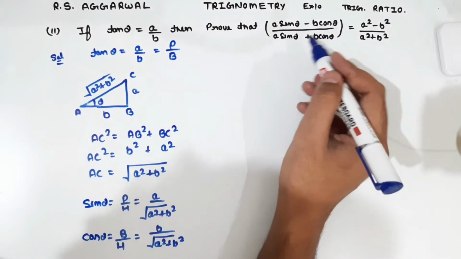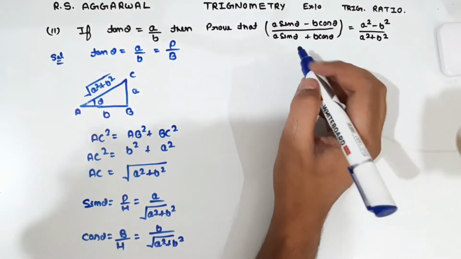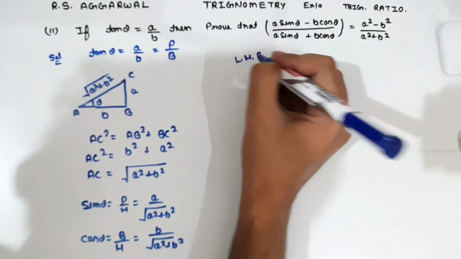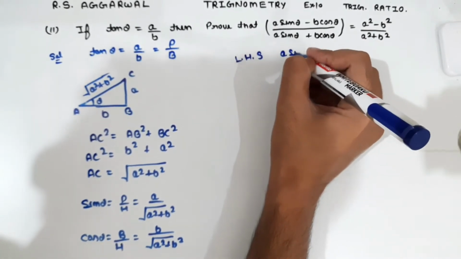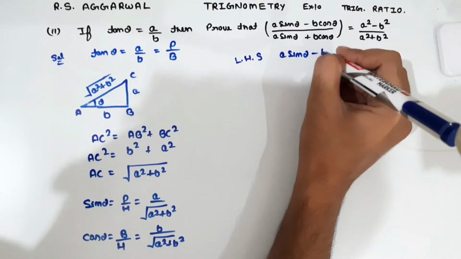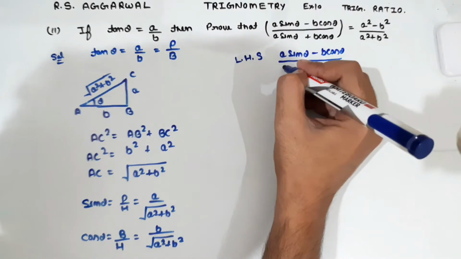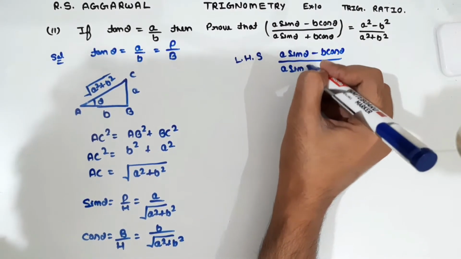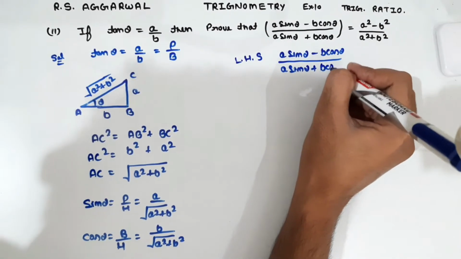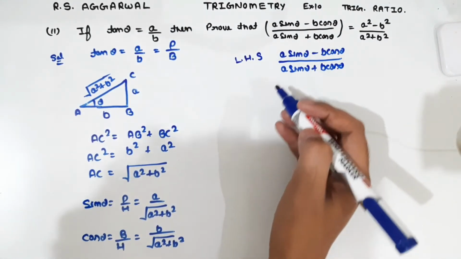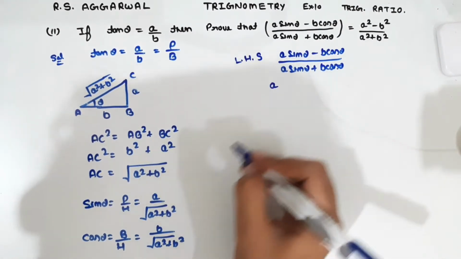Now take LHS. So here LHS is A sin theta minus B cos theta upon A sin theta plus B cos theta. Now putting the value of sin theta and cos theta here. So A sin theta is what?